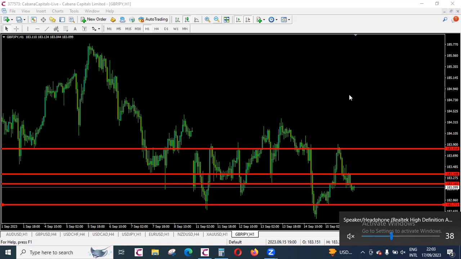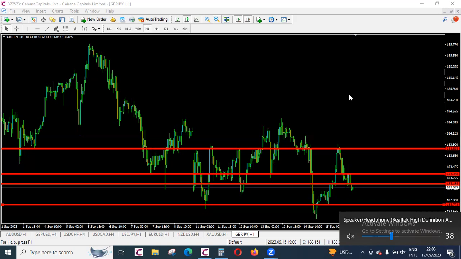If the market is trading above the pivot, it indicates a bullish sentiment. If the market is in a bullish sentiment, you want to look for buy setups. If it is in a bearish sentiment, you want to look for sell setups.